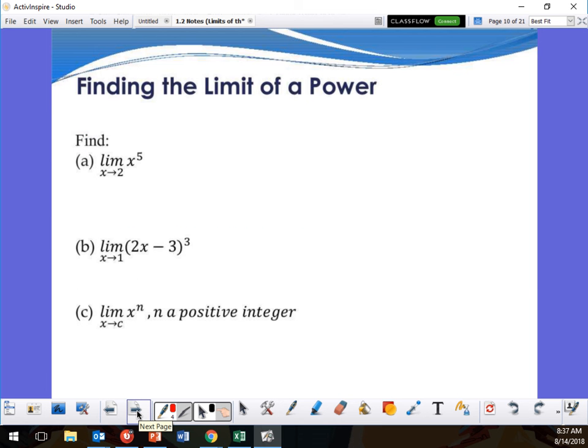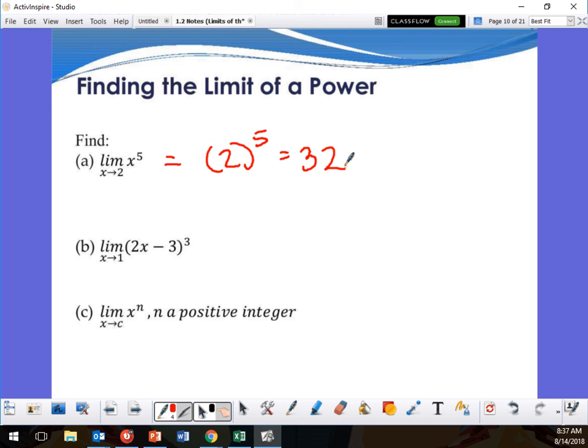All right, so finding the limit of a power. How about this one? This one should be easy. What is it? 32. So this is basically saying that I'm going to have 2 to the 5th, 32.